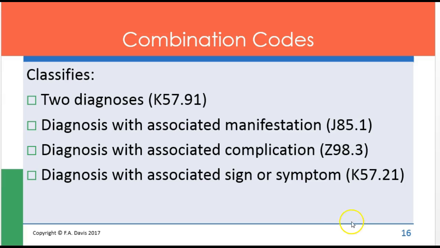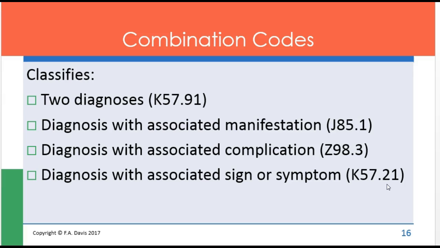Okay, so K57.21 is diverticulitis of the large intestine with perforation, so that means it has a hole in it, and abscess, which means a collection of pus, so some infection going on, with bleeding. So if you're going to use this code, remember we talked about the coding convention of and.